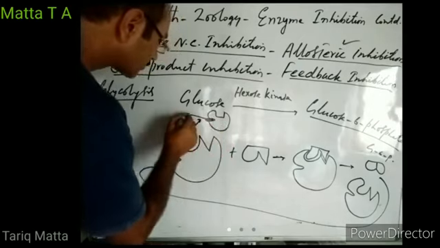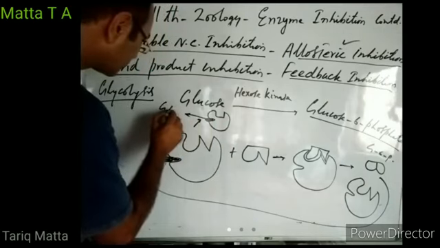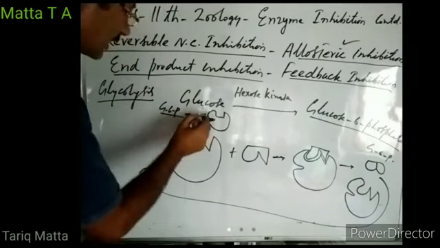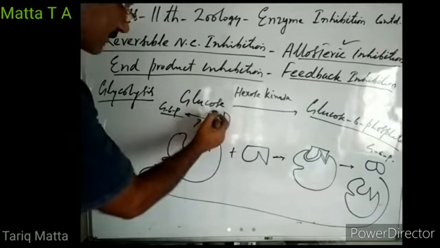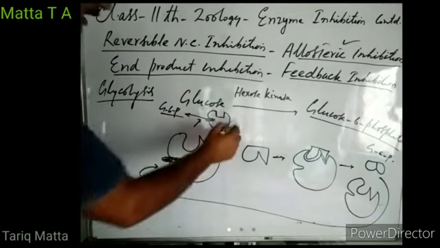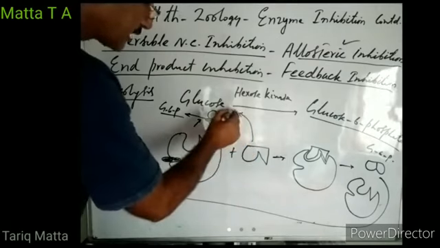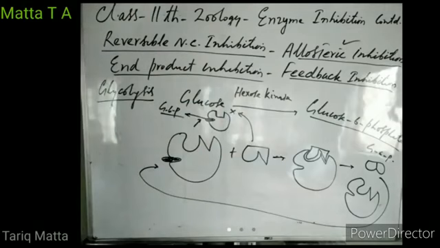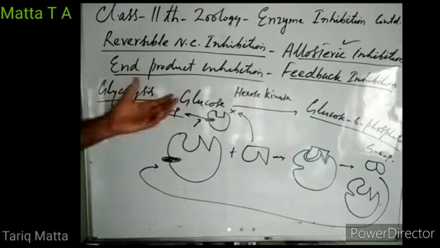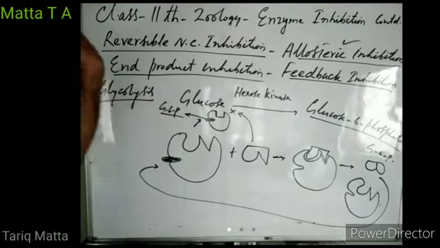Here, glucose 6 phosphate is bound to the allosteric site. Now the shape of the active site of the enzyme gets modified, and now the substrate molecule cannot join it. So the pathway is stopped. So for that reason, we call it end product inhibition.